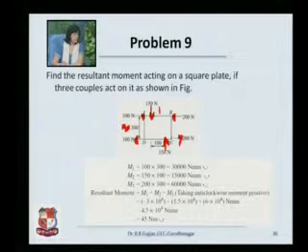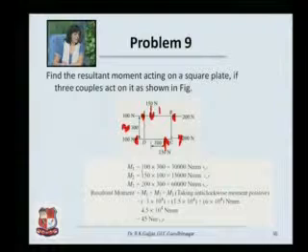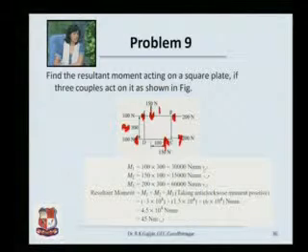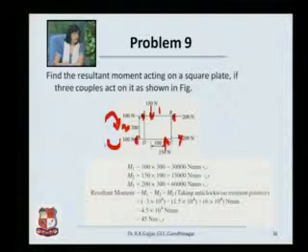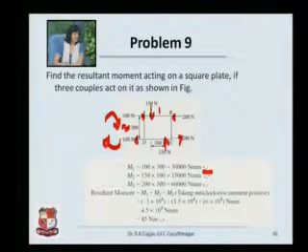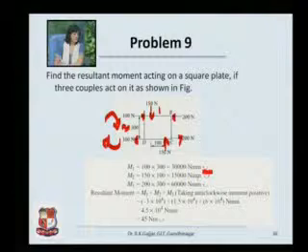If we call this first couple M1 as formed by the 100 Newton force, then the moment is very simple to find. 100 into 300 is the moment. What is the direction of the couple? It is going to rotate the body in the clockwise direction. Second couple formed by the 150 Newton force, 150 into 100, that is 15,000 Newton mm.